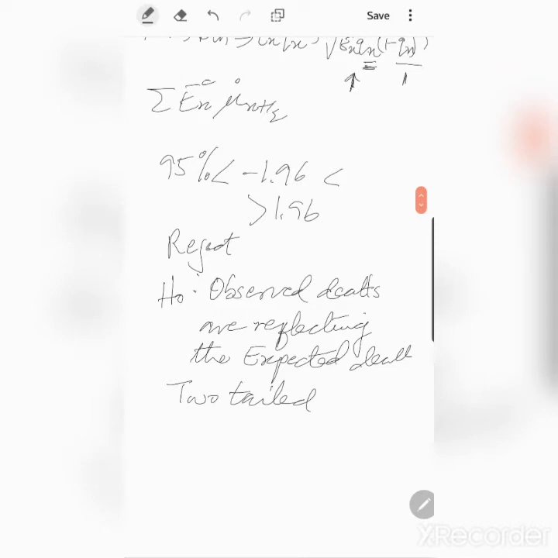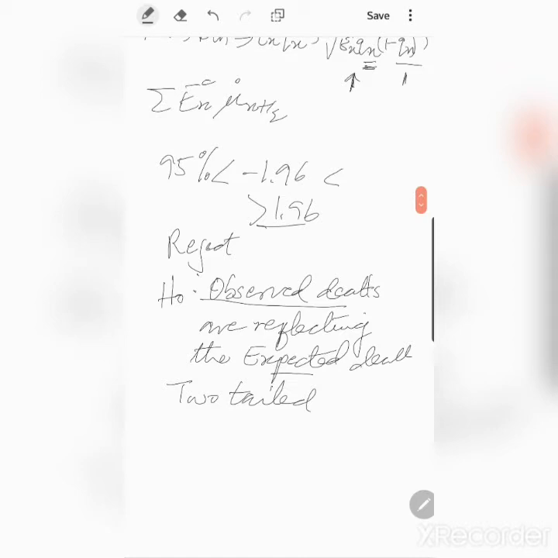Expected deaths are the ones which are graduated, so the graduated rates are much higher. But if z is greater than 1.96, then the observed deaths are much higher than the expected deaths. That means the graduated rates are much lower on the overall basis. That is how we execute the cumulative deviations test for the various age ranges that are given.